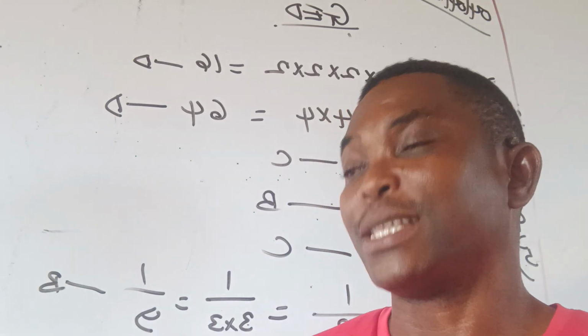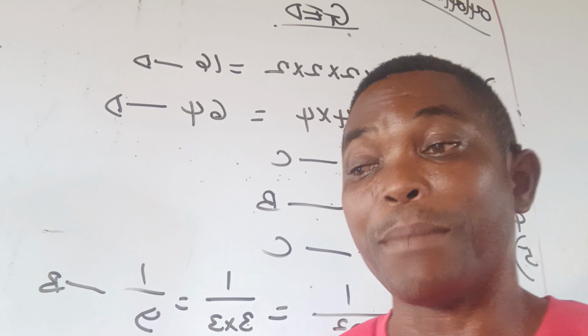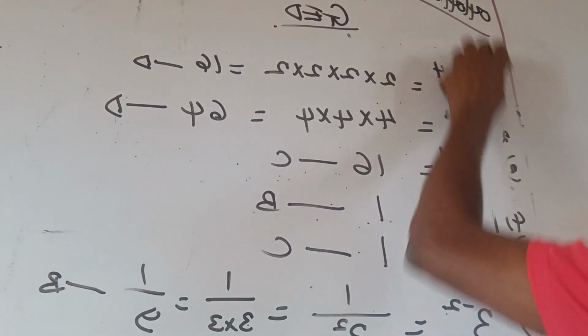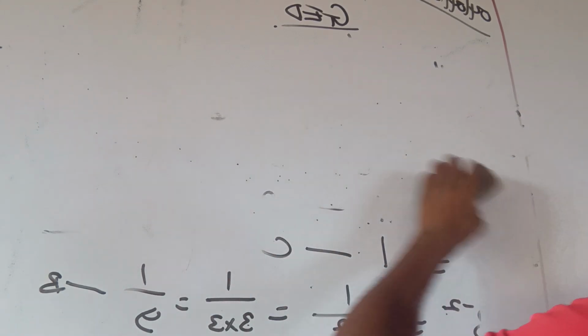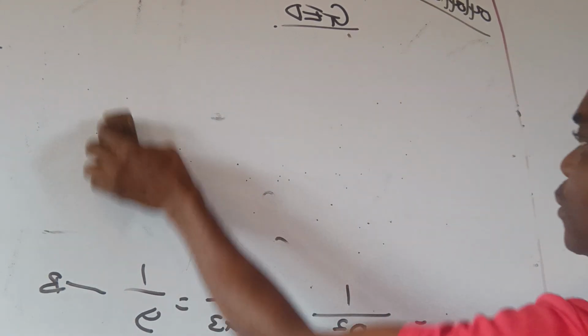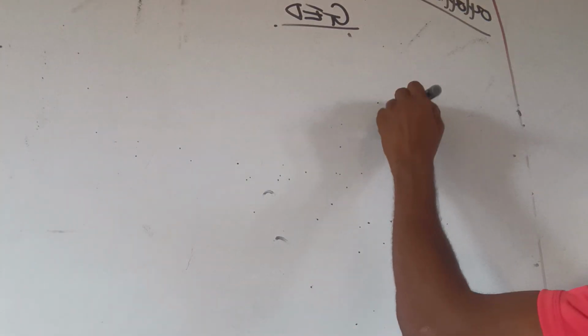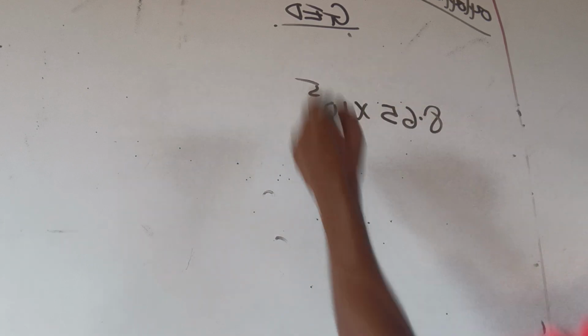How do you now write 8.65 times 10 raised to power 5 miles in standard notation, or in an ordinary form? So let's take a good look at how we can do that. 8.65 is quite easy. 8.65 times 10 raised to power 5.